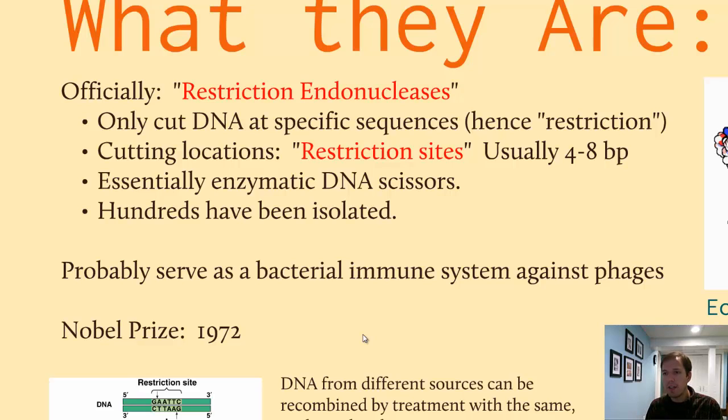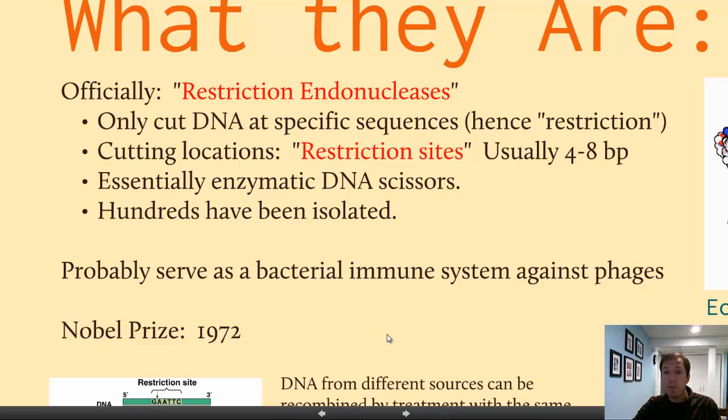And so the bacteria have these particular restriction enzymes that recognize the viral DNA sequences and then cut the viral DNA so that it can't carry out its goal of causing the bacteria to make more viruses.